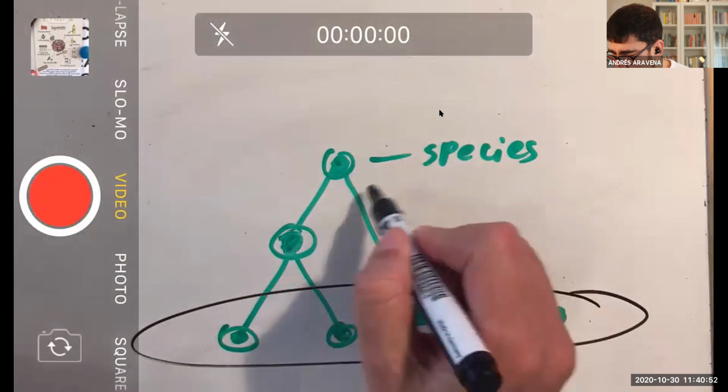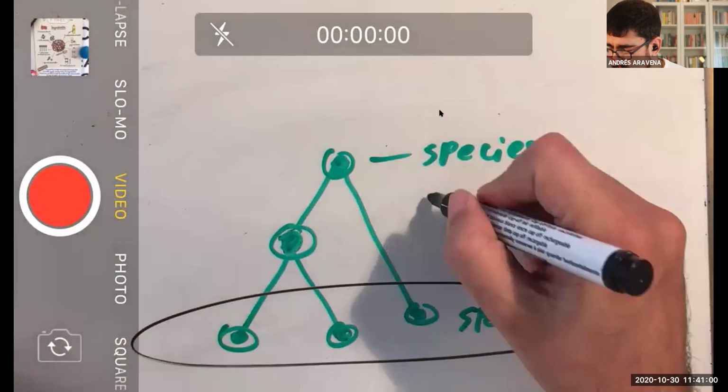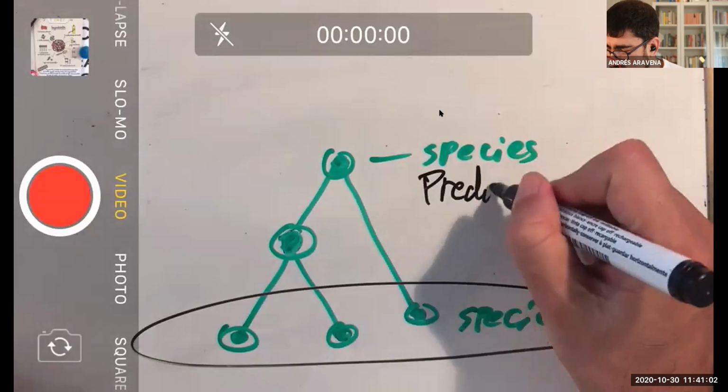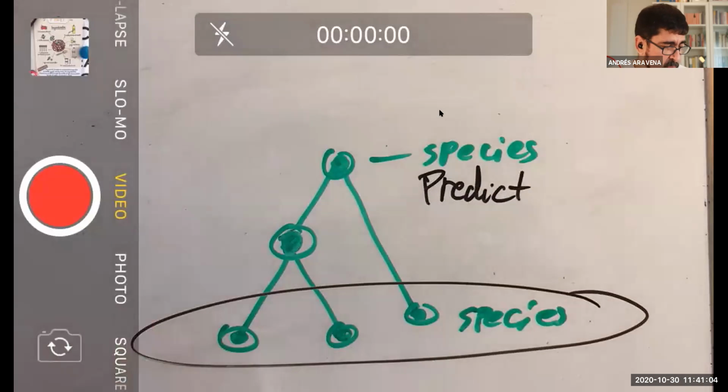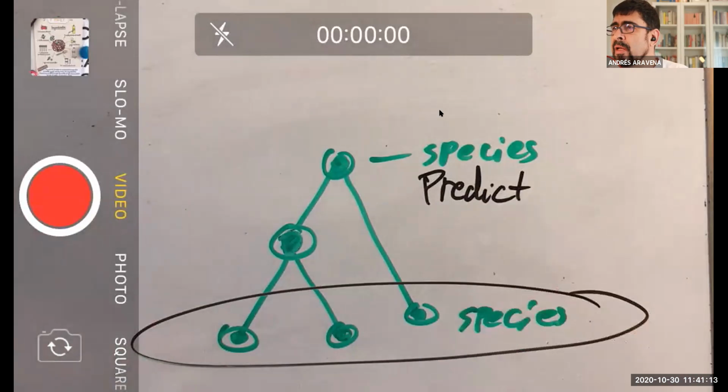And these species that we reconstruct upward in a phylogenetic tree are inferred, predicted. So we can predict the sequence of the common ancestor of some bacteria that existed millions of years ago and what they have in common.